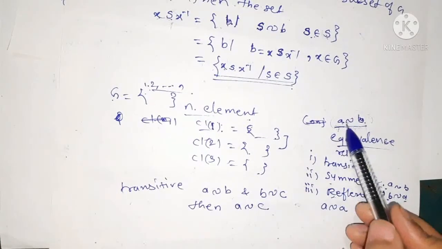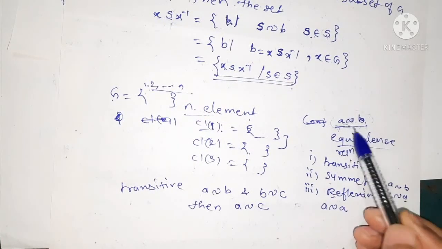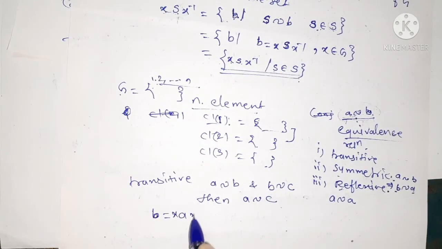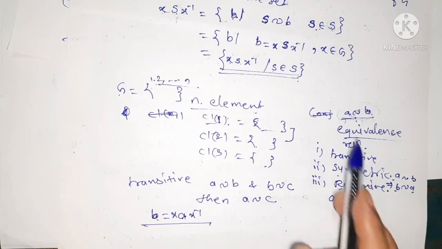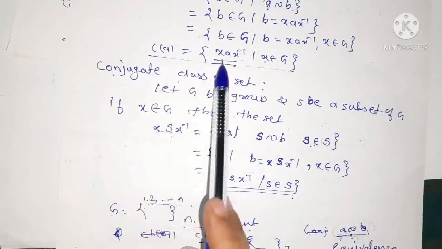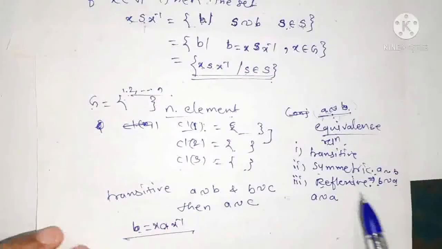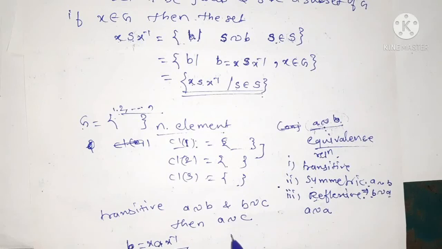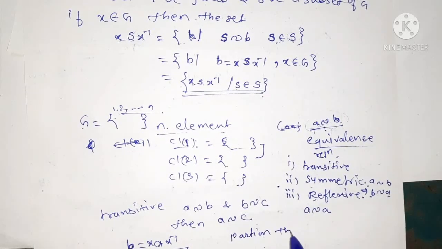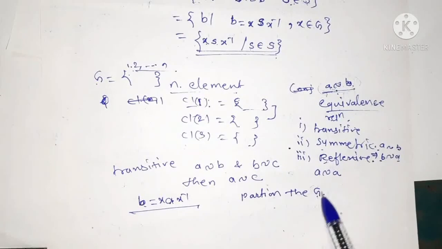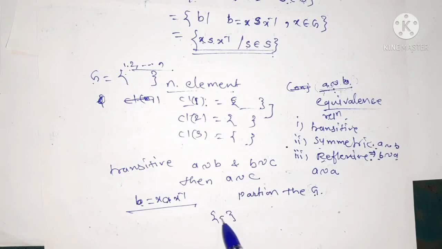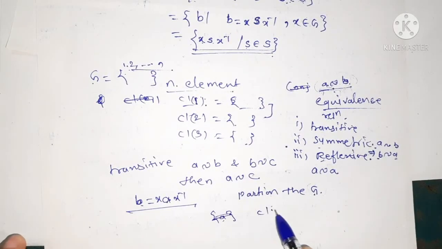So this is a conjugation relation, that is, B is written as x A x inverse. Therefore B and A are conjugate elements. So these conjugate classes, as defined here, C of A, because of this equivalence relation, partition the group G into equivalence classes.